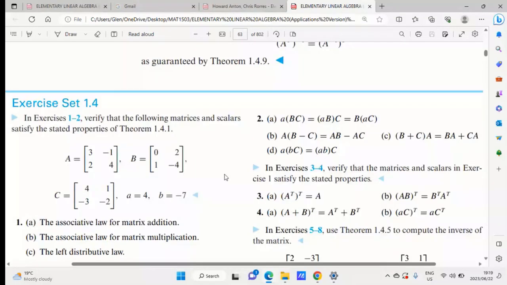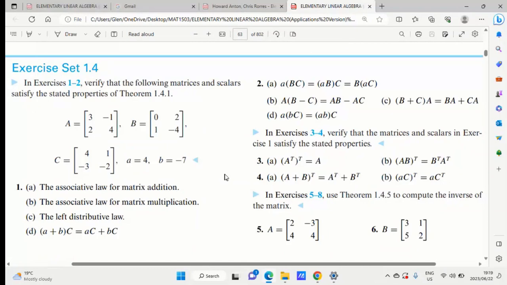Number 1, associative law, matrix addition. We did 1A, B, C, and D. You covered all the laws: associative law, addition, then D, distributive. The D is the same as what we were doing right now, except that there are constants there. And then in 2, we looked at A, B, and C. That's all that we covered today.